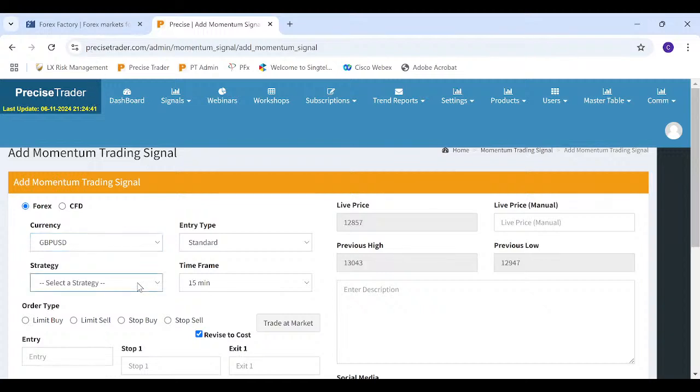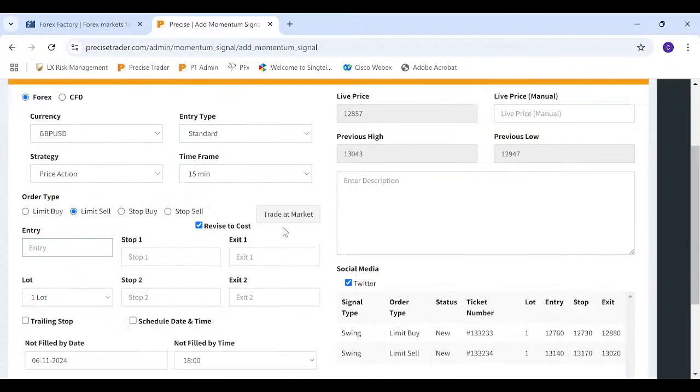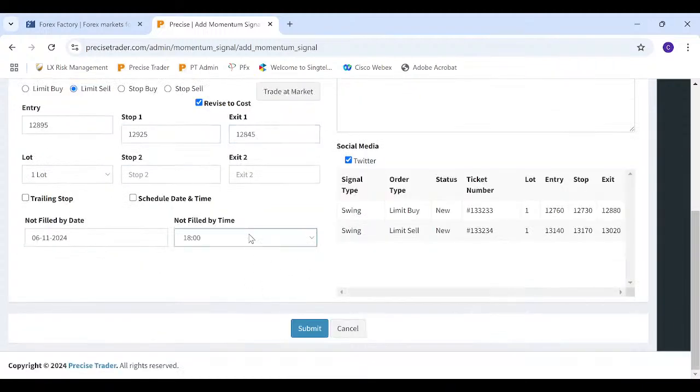So this one is to go for a sell, 2845, just nice. Then again, the expiry we will put in until about 1.5 hours.